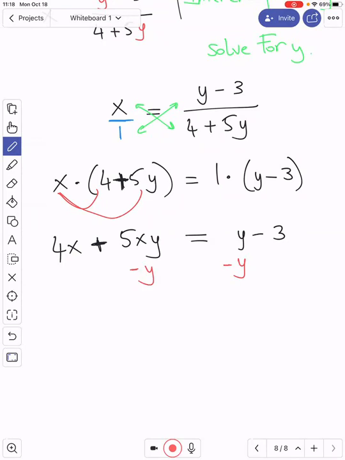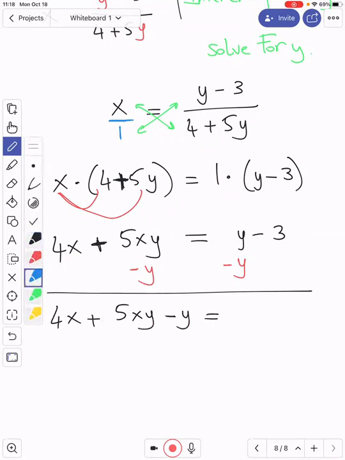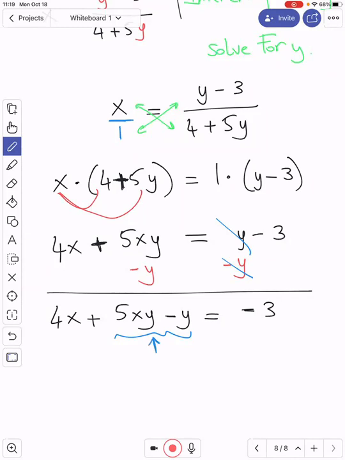If you do this, then you're gonna have 4x plus 5xy minus y equal to, and here, of course, y cancels out. So that's what I mean by moving the y's on the same side. Now on the right side, it's just negative 3. So we got our y's on the same side, so we can factor out the y.